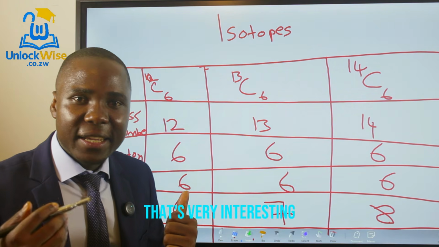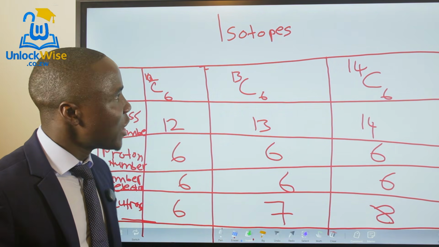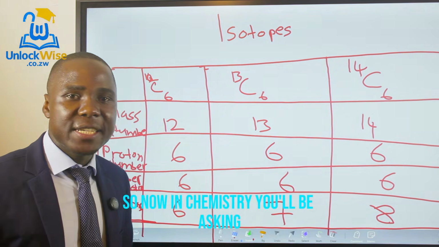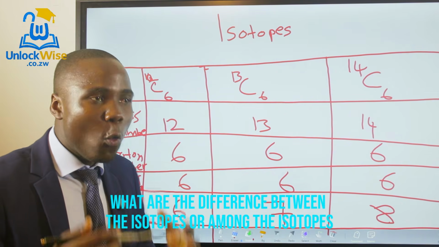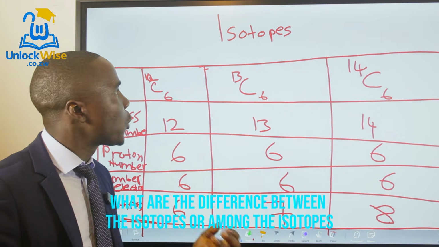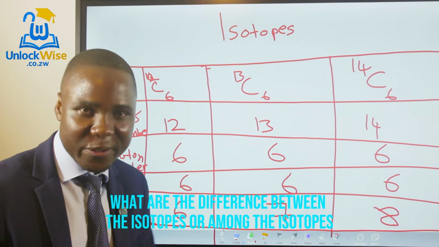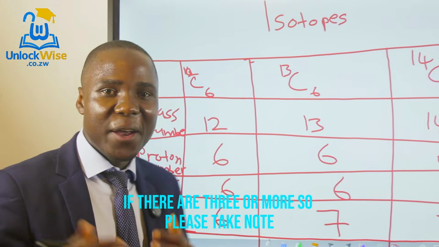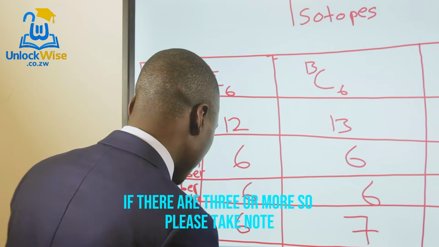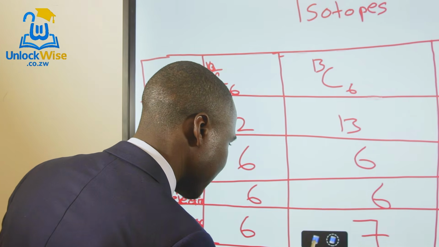That's very interesting. So now, in chemistry, you'll be asked, what are the differences between the isotopes, or among the isotopes if there are 3 or more? So, please take note.